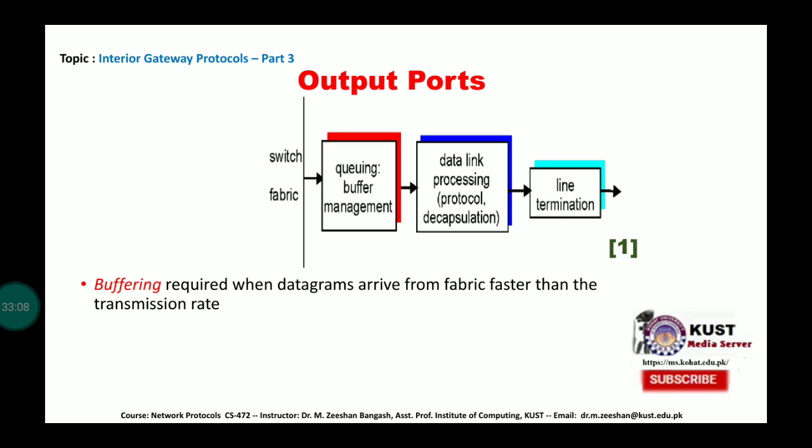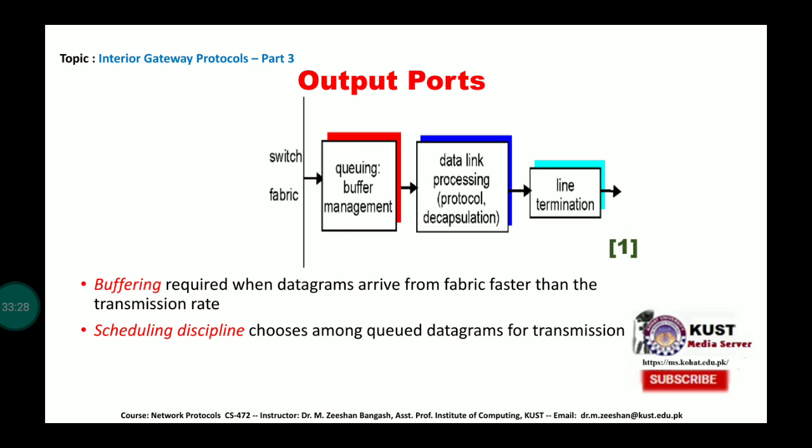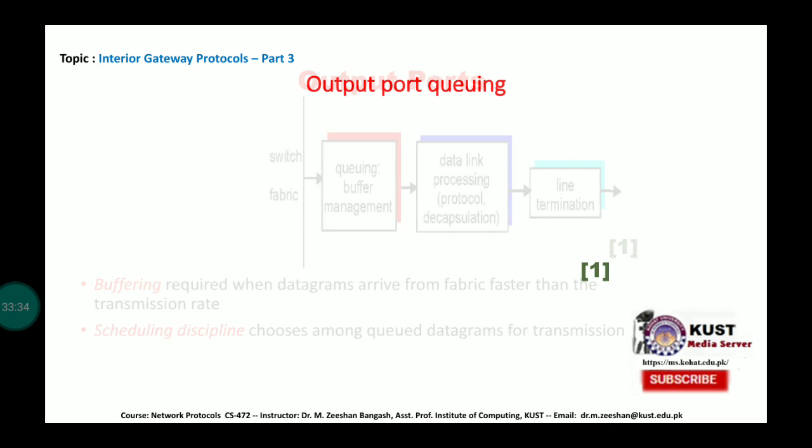Now buffering is required whenever datagrams arrive from the fabric faster than the transmission rate. Because there is a difference in the speed of receiving and sending, buffering occurs then. Now we need a scheduling discipline to choose among queued datagrams for transmission, because multiple queues are created.